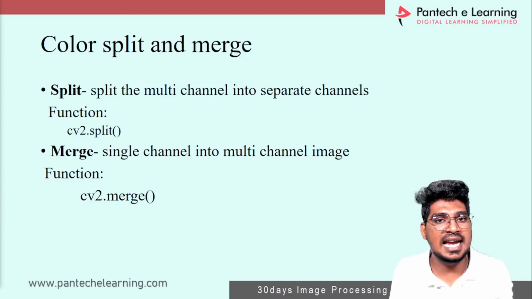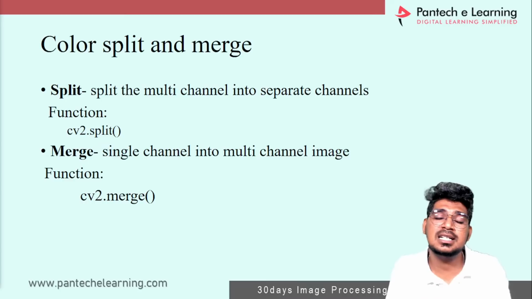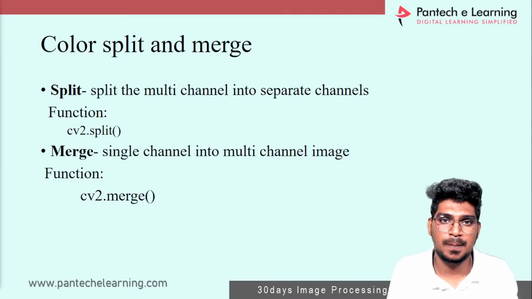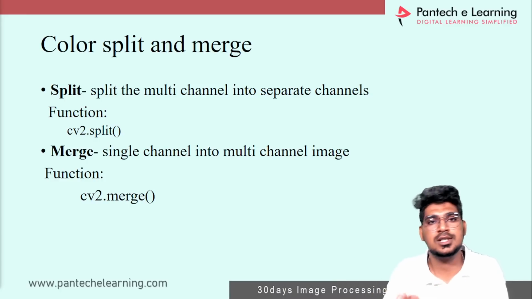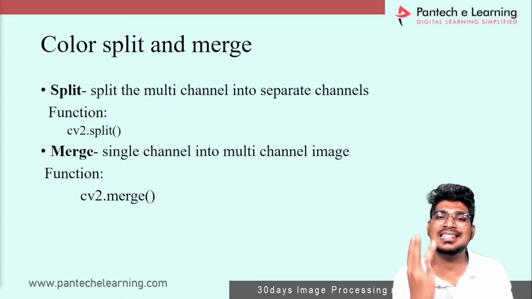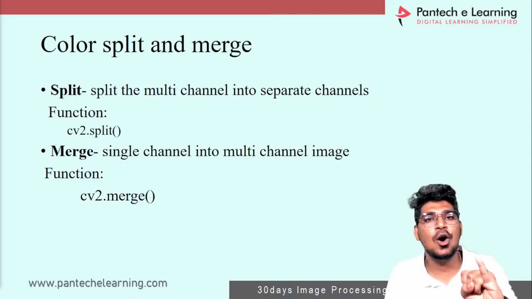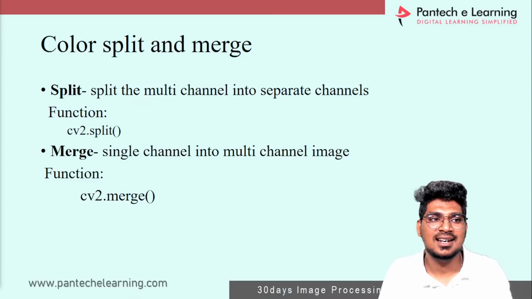One channel has 8-bit, and the remaining ones are also 8-bit, which equals 24-bit. We are going to split the modes, that means R, G, B. So what are the 3 different channels? That is RGB. Clear, guys?